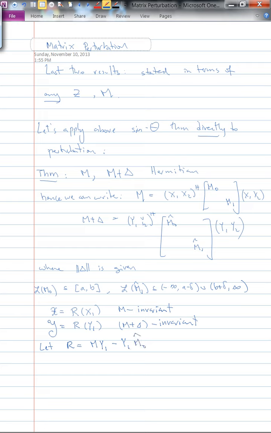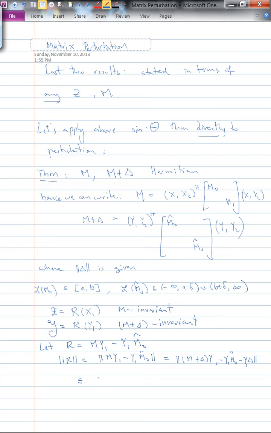Okay, notice that this is exactly the framework that we had in the previous theorem. But we don't want to settle for something that's on the size of R. R is not something that's given in the theorem, so we can come up with a bound for that. So how big is R? R is equal to M Y1 minus Y1 M0 hat, which is equal to M plus delta Y1 minus Y1 M0 hat minus Y1 delta.